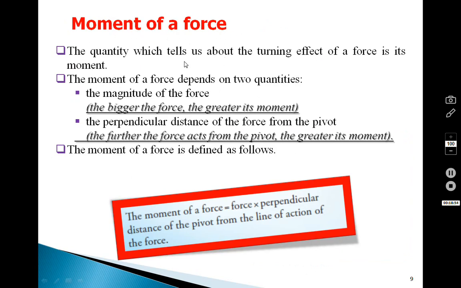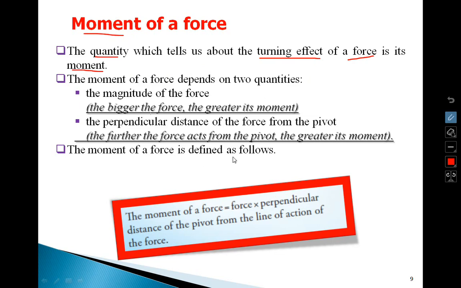The quantity which tells us about the turning effect of any force is known as a moment, or the moment of a force.